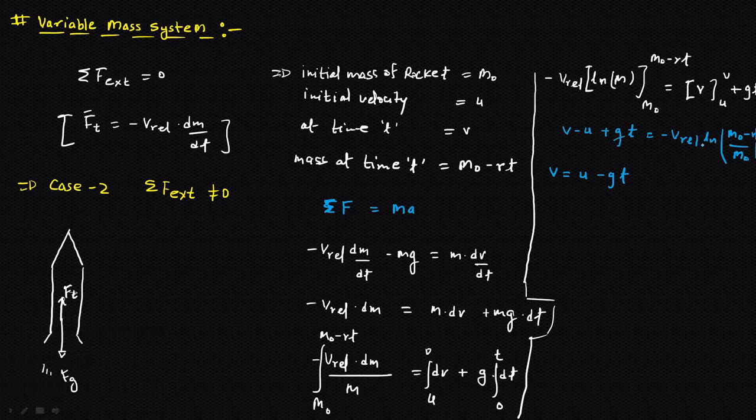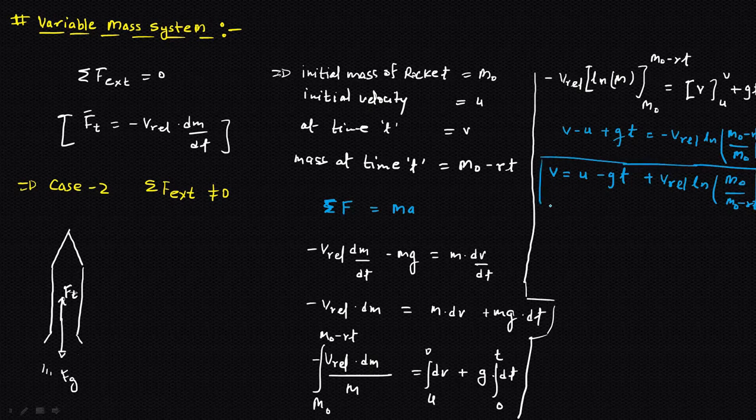And ln A by B can also be written as minus of ln B by A, and minus minus becomes positive. So V equals u minus gt plus V relative multiplied by ln of m naught divided by m naught minus rt. That is the equation that we are getting.